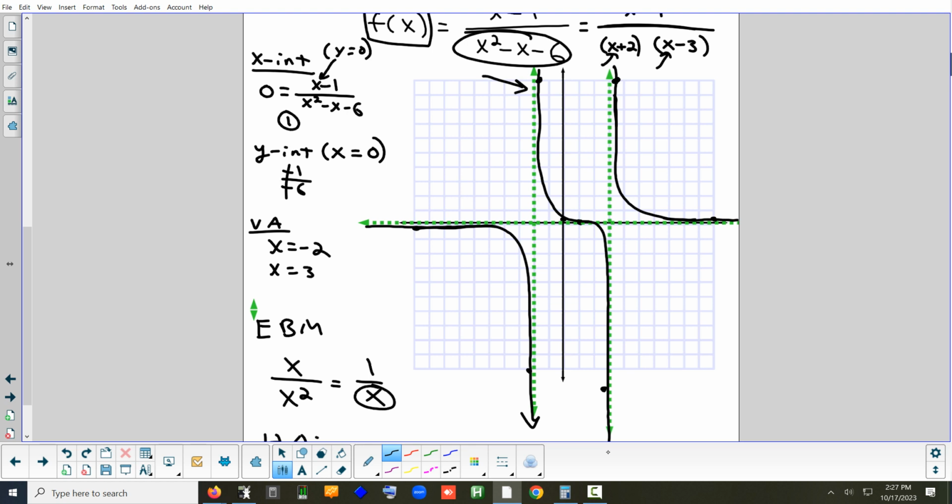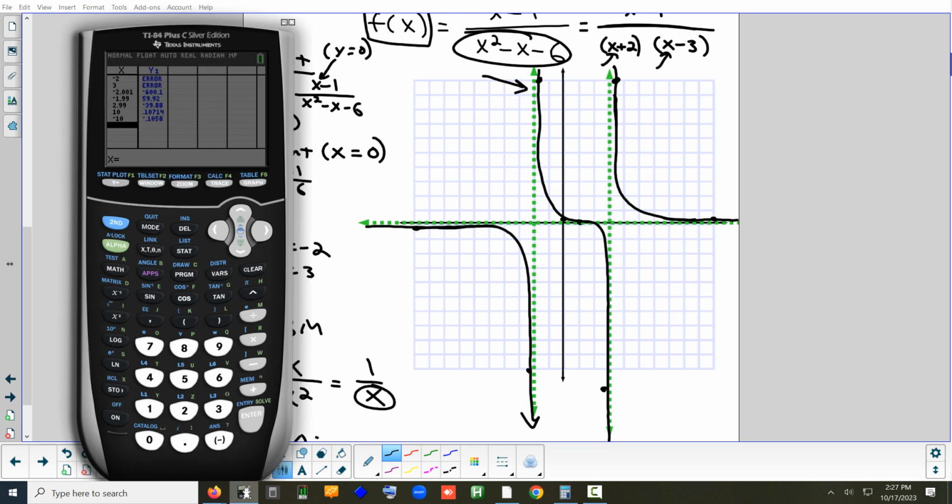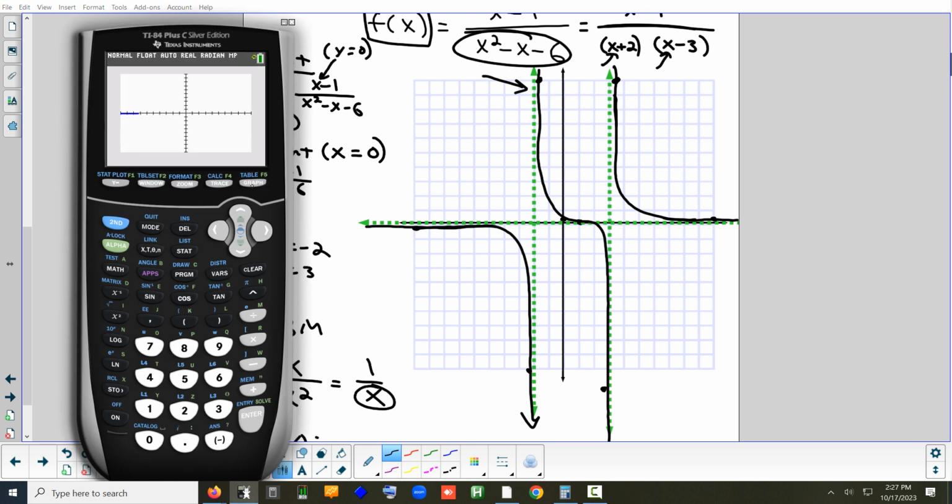It takes a little practice. I might not have the curve perfect in the middle, but it's going to be pretty close. There's the left piece, there's the middle, and there's the right piece. Yeah, that's how you do it. So the asymptotes really help a lot because they give you sections to put your graph in.